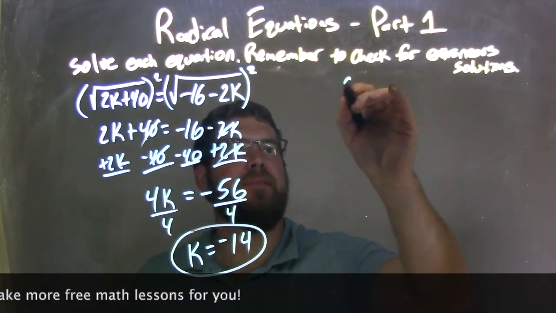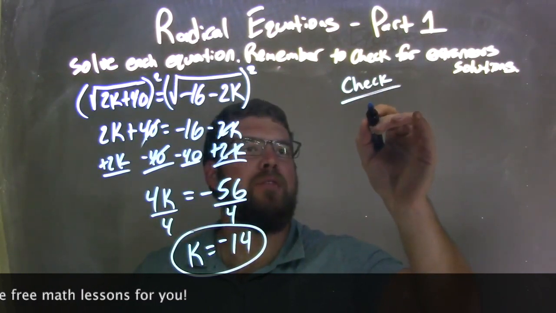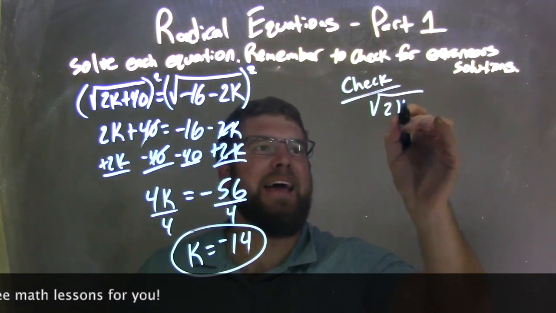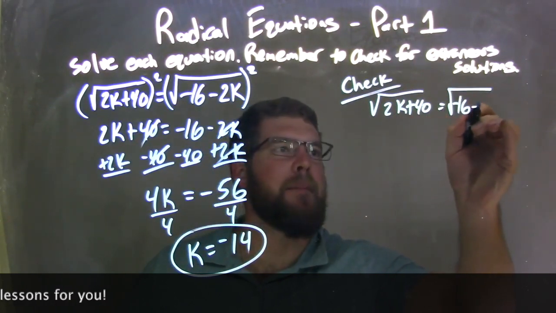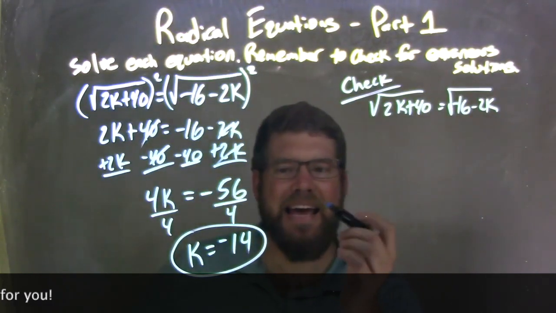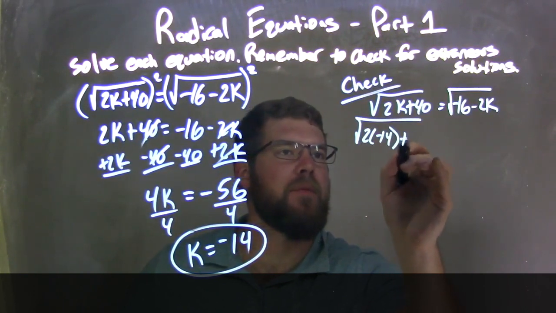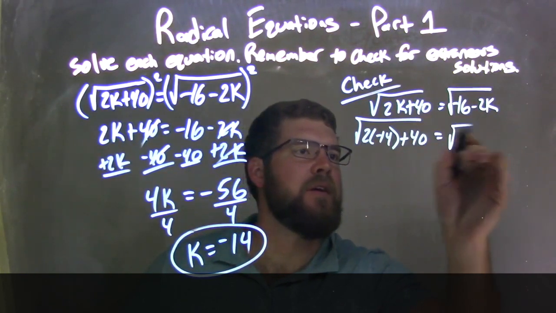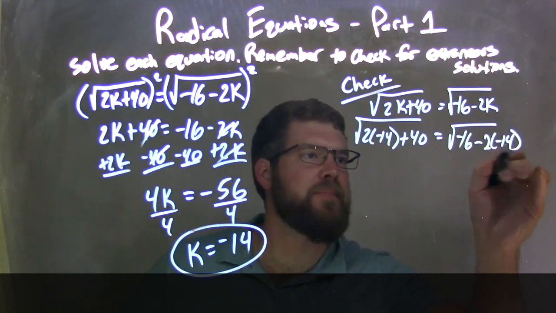But I need to check. So I'm going to check it by rewriting my equation. So the square root of 2k plus 40 equals the square root of negative 16 minus 2k. I'm going to plug negative 14 in for both k's there. So I have 2 times negative 14 plus 40 equals negative 16 minus 2 times negative 14.